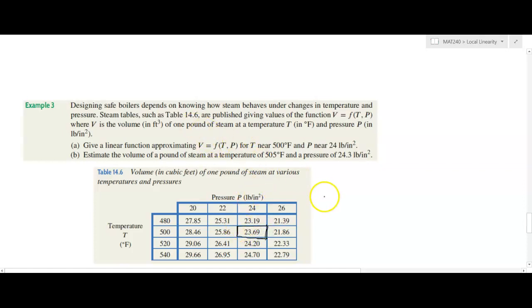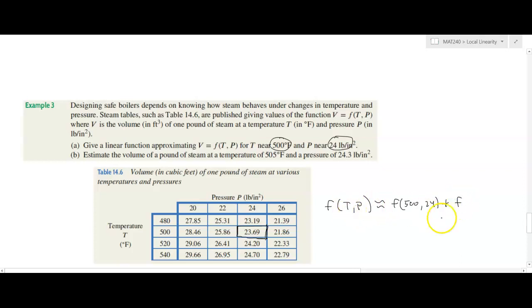So in order to approximate f of t comma p, we know that it's going to be f at our point, 500 degrees and 24 pounds per square inch of pressure, plus the rate of change in one of the directions.